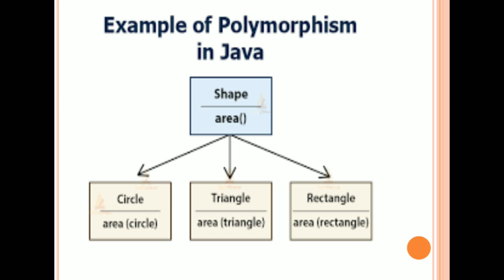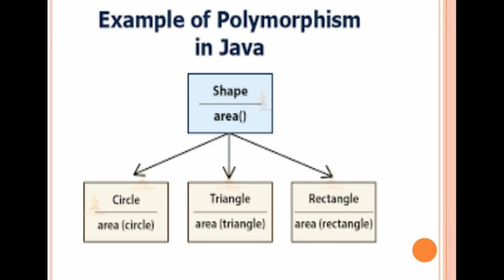One is radius, another is base and height, the other is length and breadth. So it is the same function with different functionality. The function name is the same, but it performs different functionalities in different classes. This kind of overloading of functions with different parameters is called method overloading, and it is achieving polymorphism at compile time.